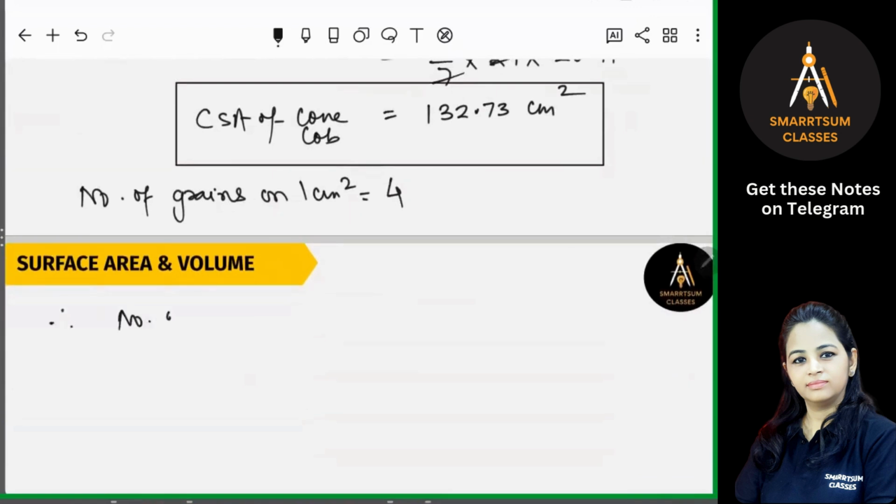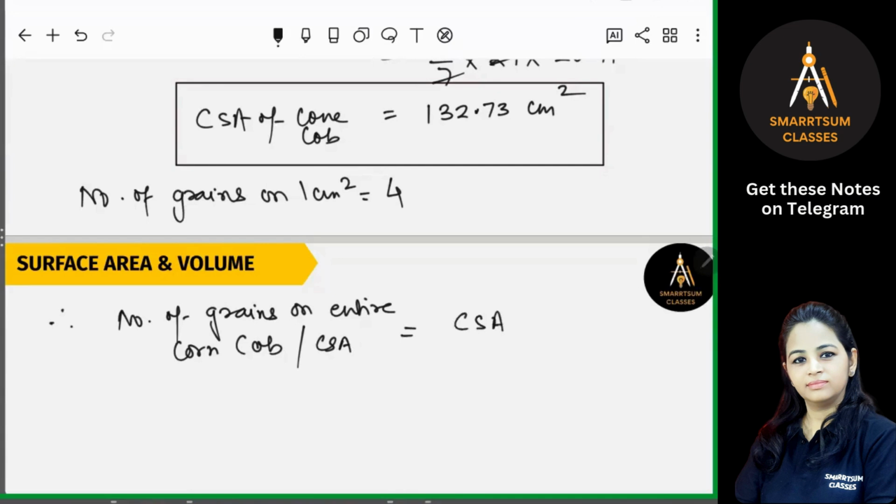Therefore, the number of grains on the entire cone cob, means on its curved surface area, will be equal to the curved surface area, that is 132.73 into 4, right? So 1 centimeter square has 4 grains. So 132.73 centimeter square will have how many grains?